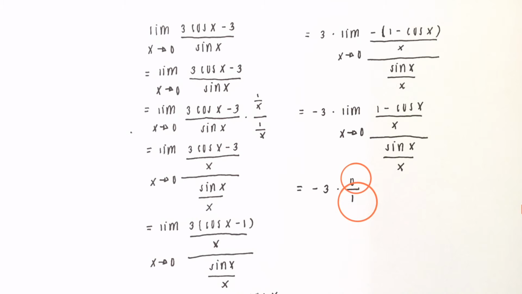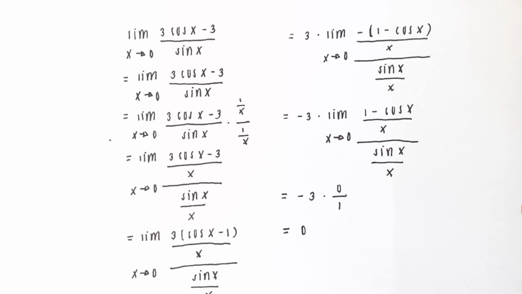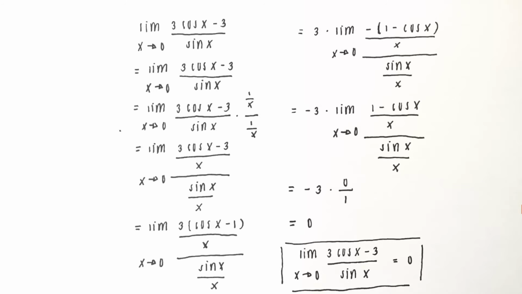With 0 in the numerator and 1 in the denominator, it becomes 0. The negative 3 times 0 also becomes 0. Therefore, the limit of 3 cosine x minus 3 all over sine x as x approaches 0 is equal to 0. We write the given with its corresponding answer.